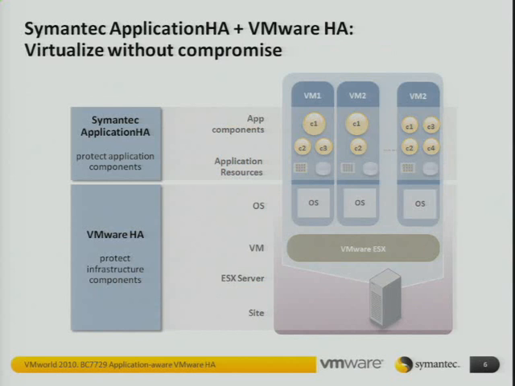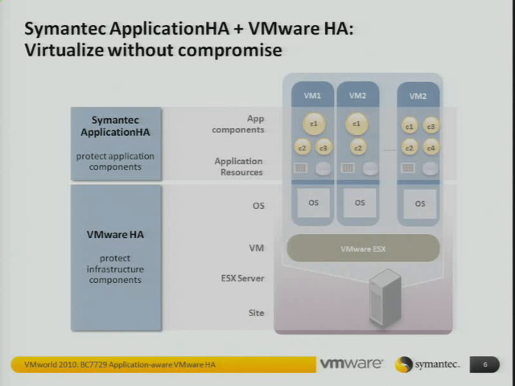So the first, let me introduce what we've been working on with the folks at Symantec. We've basically decided to really cut the world in two. They own the application up the stack. We're going to own the infrastructure. What we've asked them to do, and what they've taken on, is providing all of the knowledge and history they have around providing application uptime and the application monitoring capabilities of VCS, Veritas Cluster Services, and putting that on top of HA and integrating the two so that we have a full integrated solution that allows you to fully leverage the benefits of virtualizing as well.